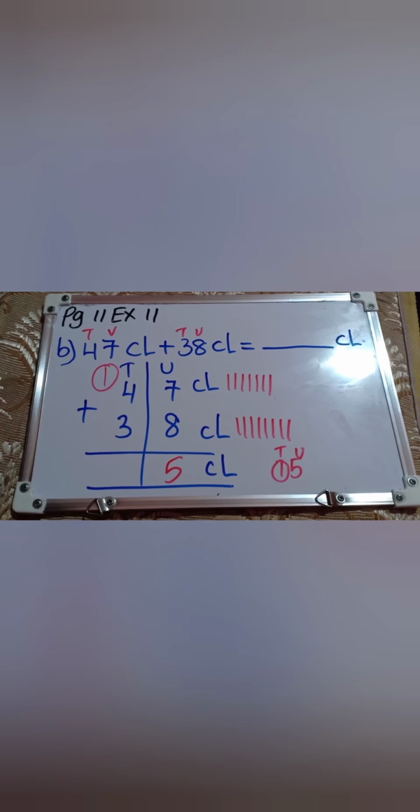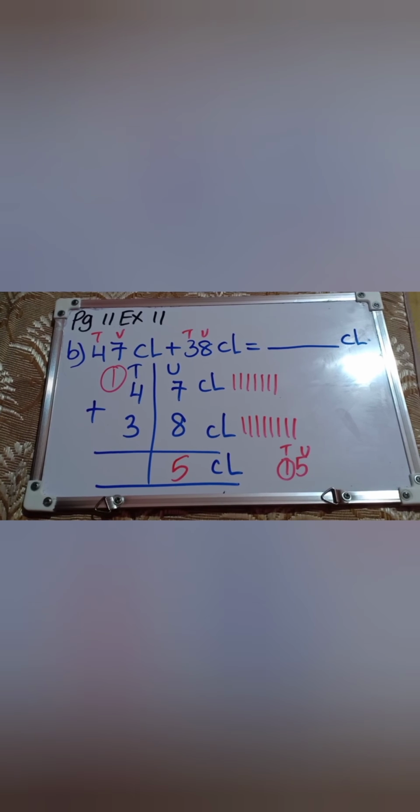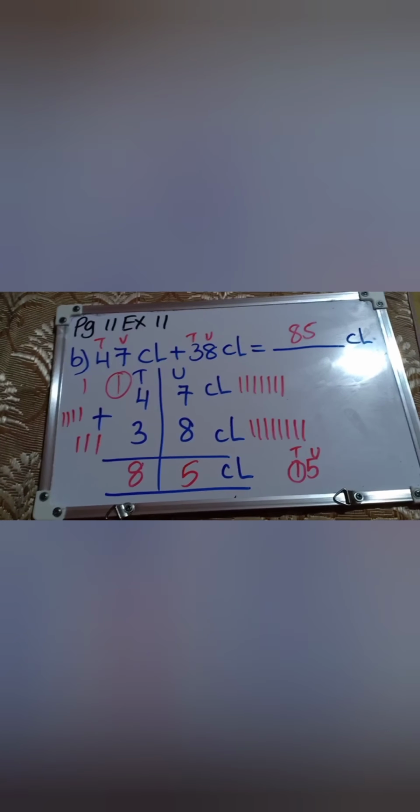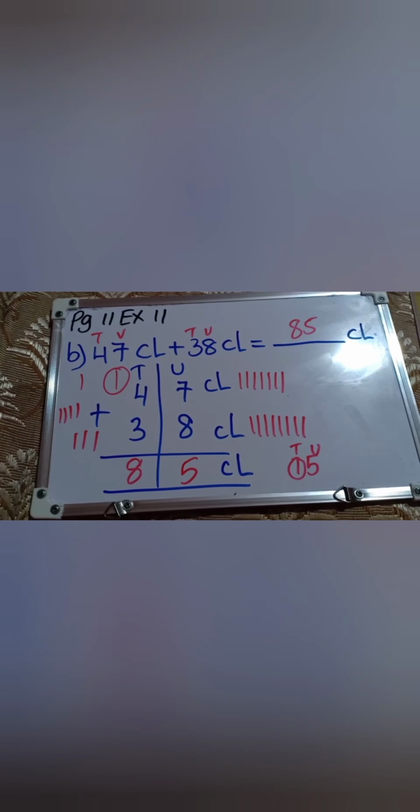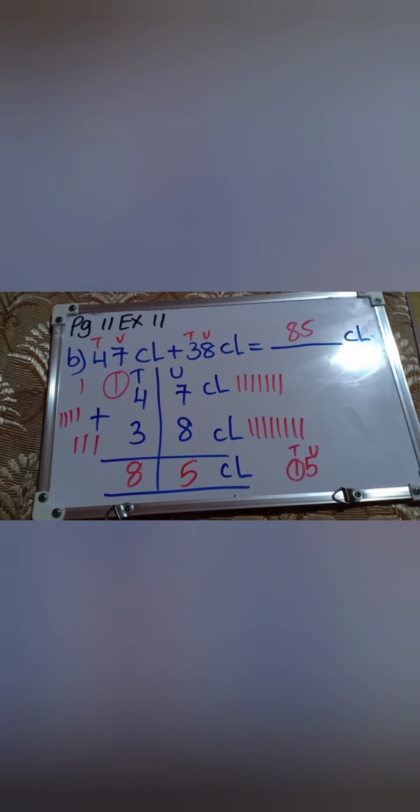In the tenths column, we have 1 plus 4 plus 3. Let us work this out. So 1 plus 4 plus 3 is equal to 8. Thus, the answer is 85 centiliters. 47 centiliters plus 38 centiliters is equal to 85 centiliters.